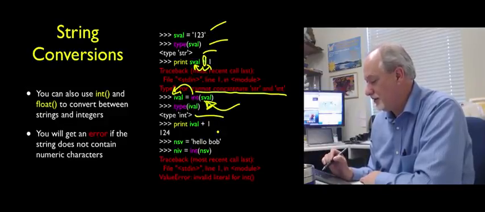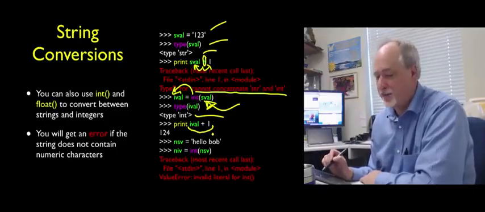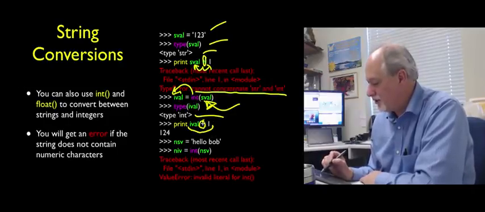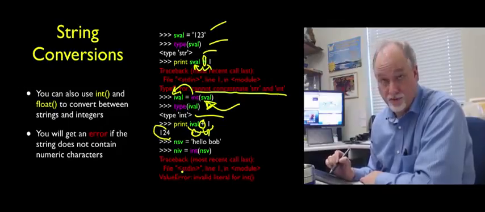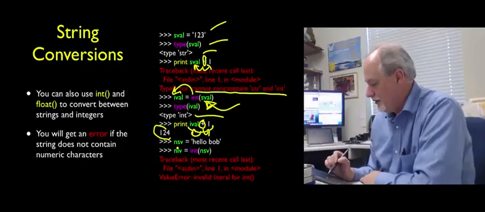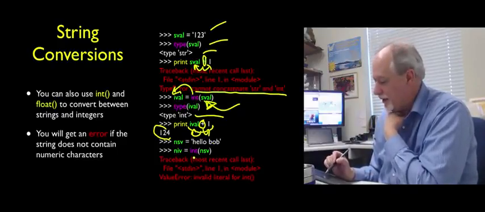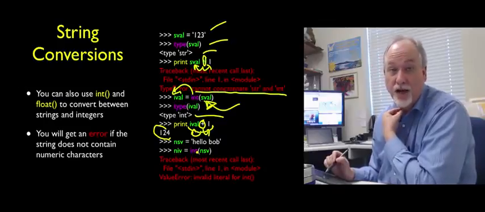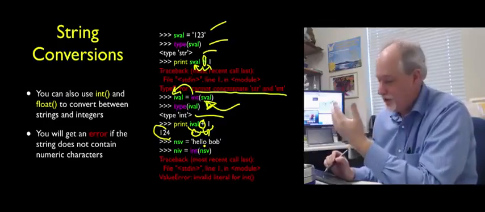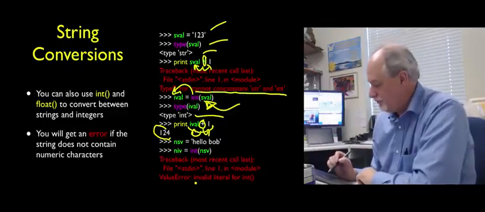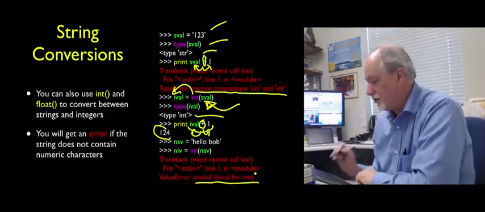It's an integer, and now we can use it in an expression, print ival plus 1, and so now Python looks to both sides, sees an integer, and gets 124. Voila. Now, if I make a new variable and I stick hello Bob in it, and I say, hey, let's convert hello Bob to an integer, as you might expect, it blows up. And it says invalid literal for int.